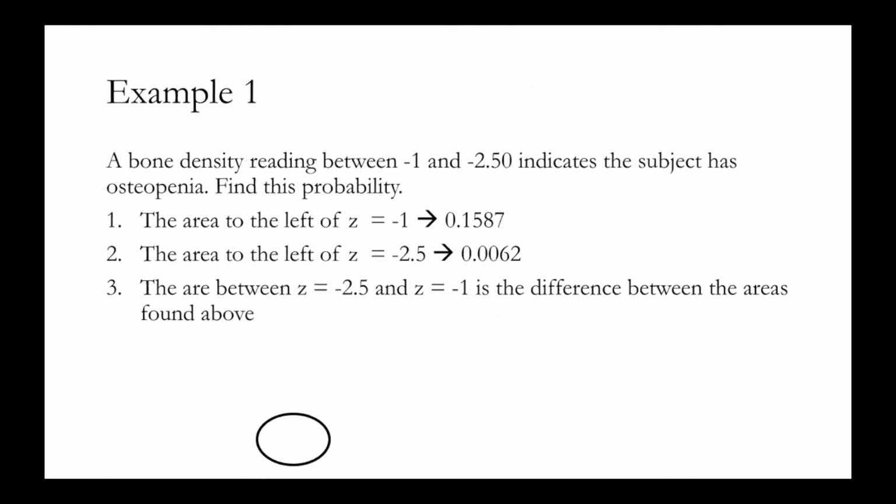So here we have the first example. We have a bone density reading between -1 and -2.5. That indicates that the subject has osteopenia, and we want to find the probability that bone density will be between -1 and -2.5. So anyone has any suggestion how to solve this exercise?